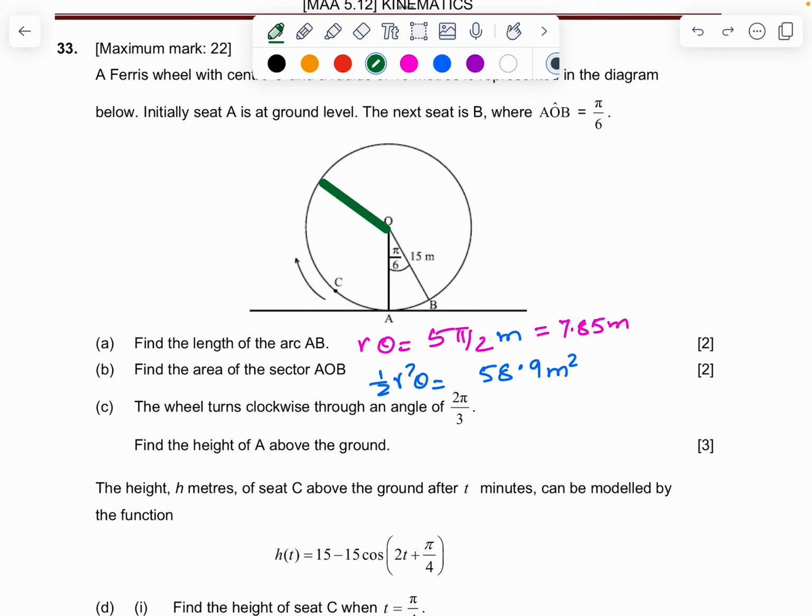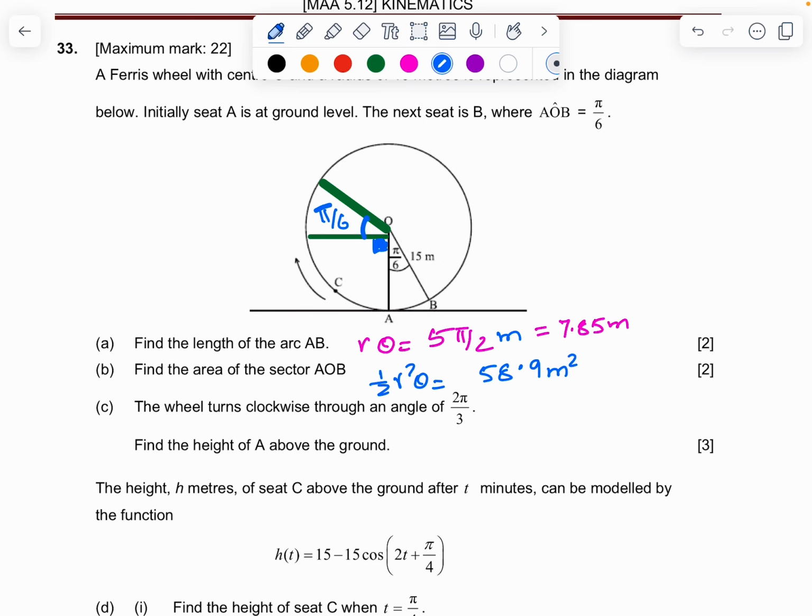$90 and 120. It goes up to this position. Now that particular angle is 2 pi by 3. So obviously this angle will become pi by 6. That angle is pi upon 6. So this angle will be 90 degrees, and the total angle was 2 pi by 3.